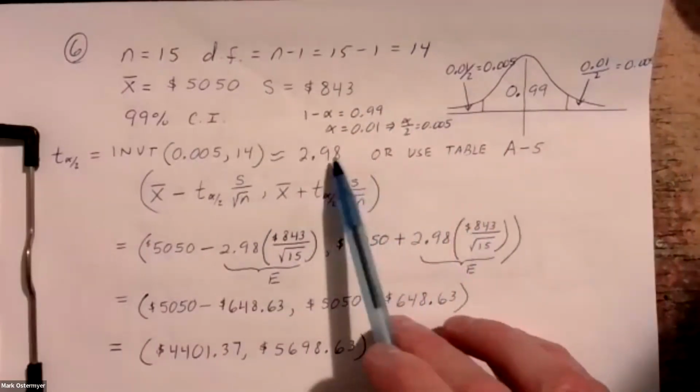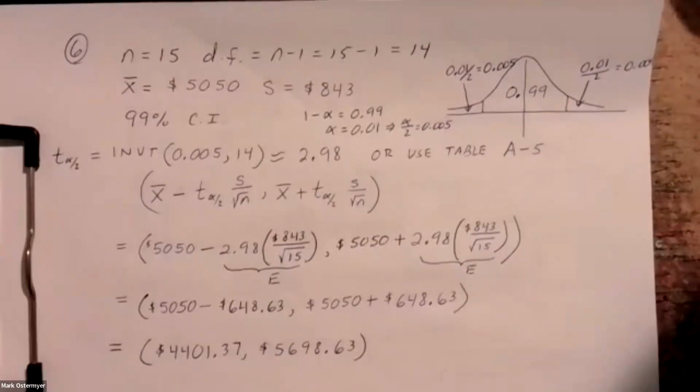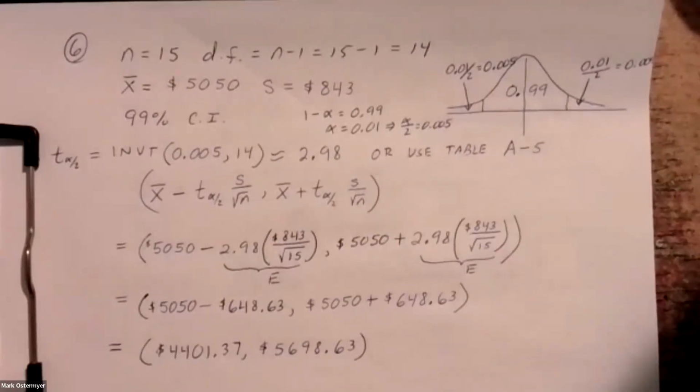That should give you the same critical t value of 2.98. Let me just check that real quickly. 14 degrees of freedom, 99%, 2.977. That would be 2.98 rounded off to the hundredths place. Same value. Okay, so that looks good.